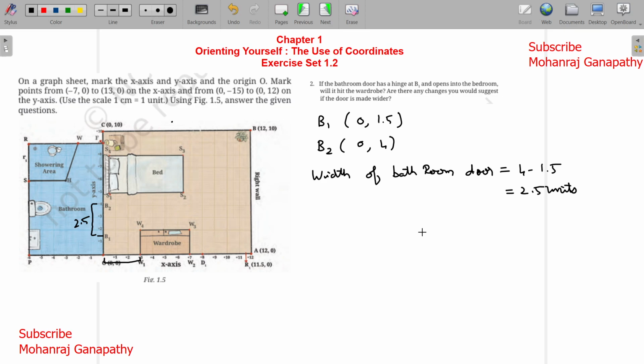So the nearest point of the wardrobe is 3 units away from the bathroom door.